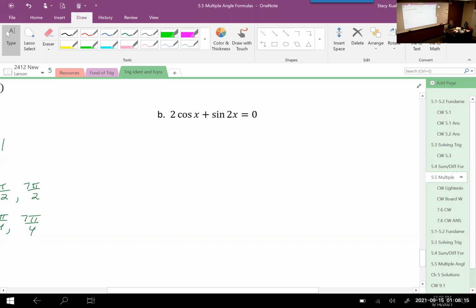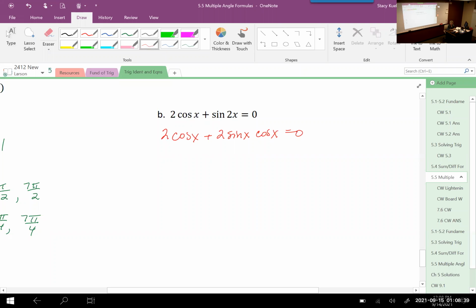So what we want to do is rewrite this in terms of all the same function. So we're going to rewrite the second term here. 2 cosine x plus, using the double angle for sine, which is 2 sine x cosine x equals 0.